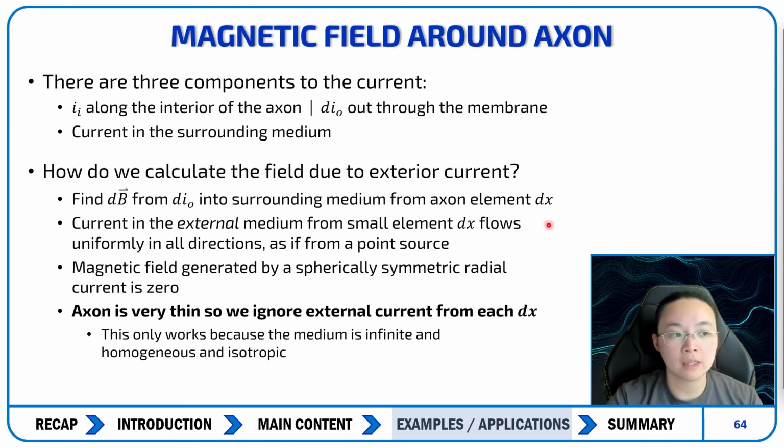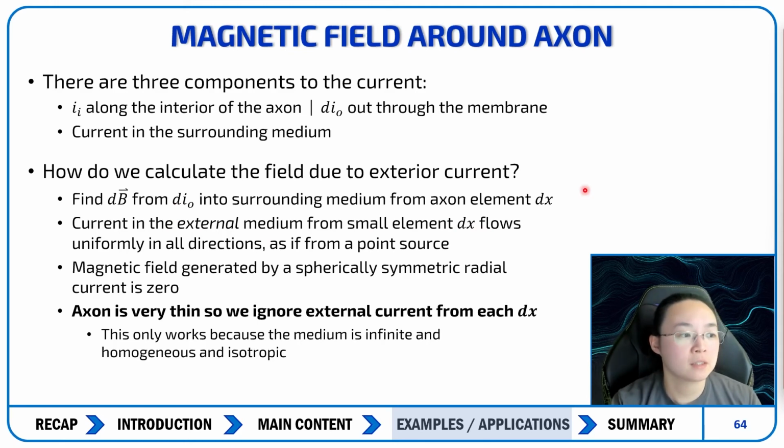So how do we calculate the field due to an exterior current? The field dB from dI into a surrounding medium from an axon element is called dx. We're then going to take a look at the current in the external medium from a small element dx that flows uniformly in all directions as if from a point source.